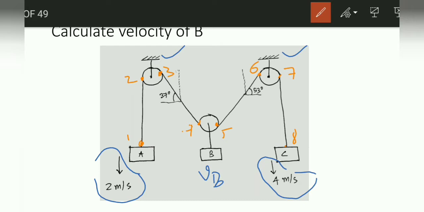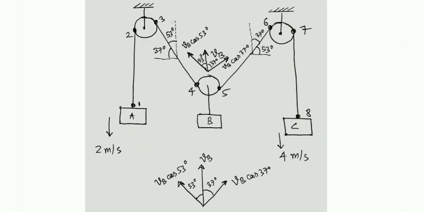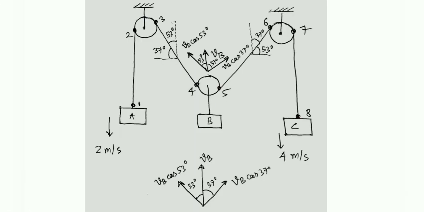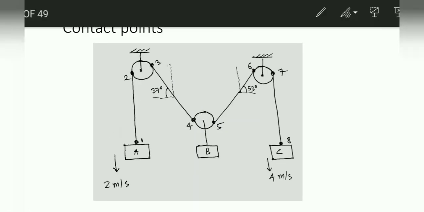Now we'll write V1 and so on for the contact points I have identified. Now see, there is one more thing I have to do here. I am assuming this VB will go either down or up.